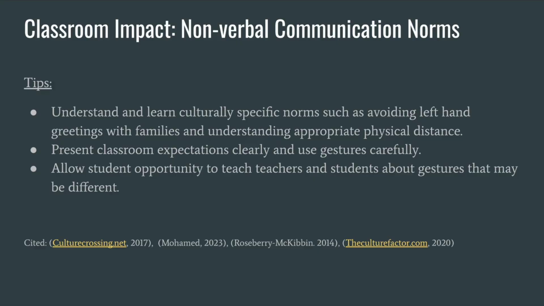Personal space can also play a role, as touching and closeness are common amongst friendly individuals. So don't be surprised if an Arabic family is touching you on the shoulder or trying to touch your hands, because that just means that they're listening and that they want to do whatever you're asking them to do. Some tips for teachers for this might be to understand and actively learn culturally specific norms for your students, like avoiding the left hand for greetings, and using appropriate physical distance.